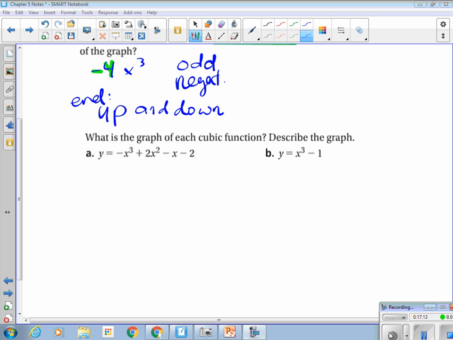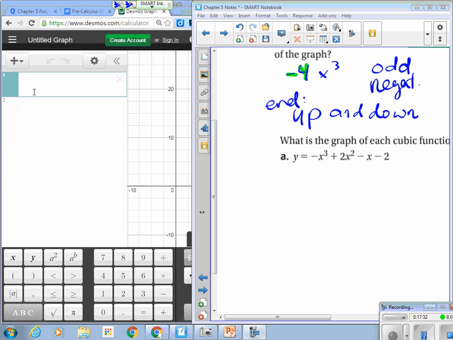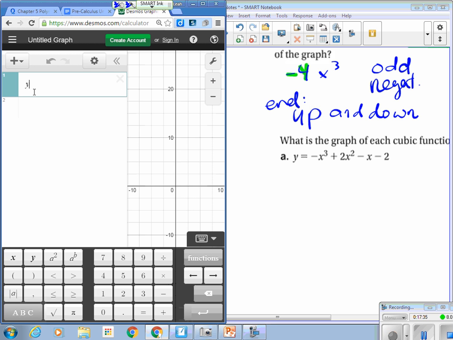All right, for A and B, we are going to have to find the graph of each function and describe the graph. Yay! So not only are we going to do the behaviors, we're going to identify turning points, and it's going to be mega fun. All right, so we're going to throw this in our graphing utility.